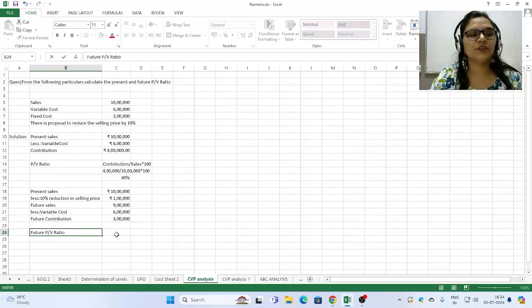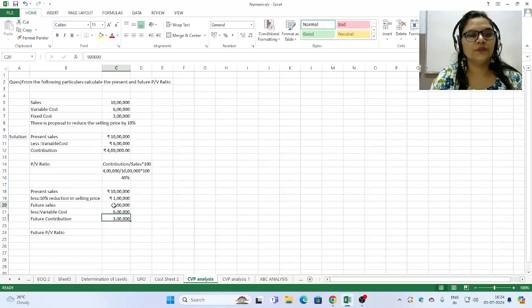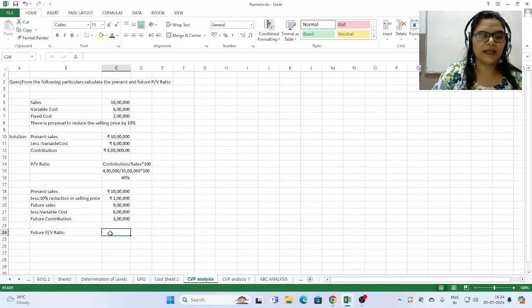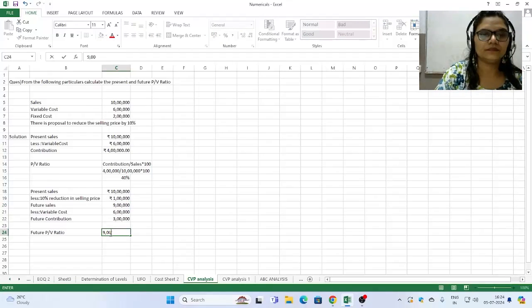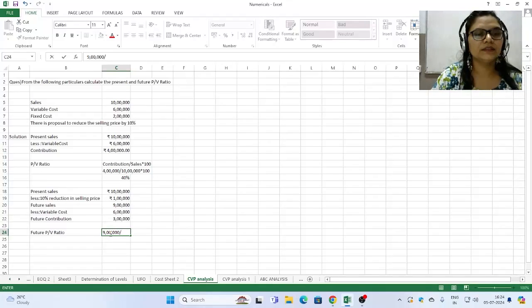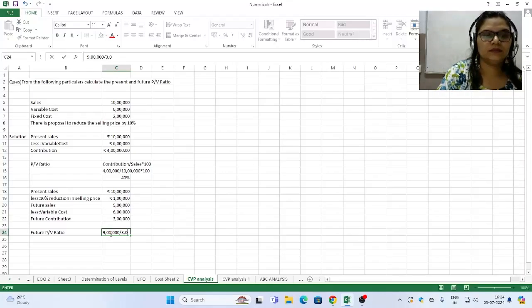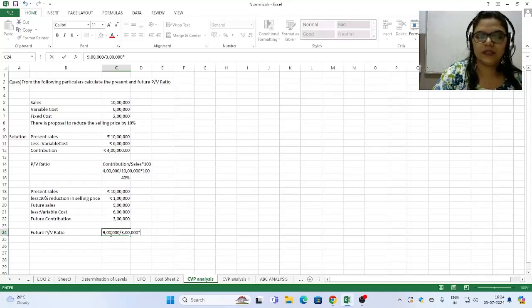Future PV ratio is future contribution 3 lakh divided by future sales 9 lakh into 100.